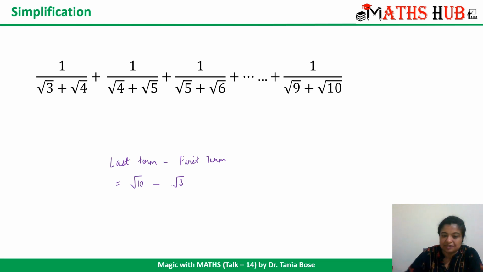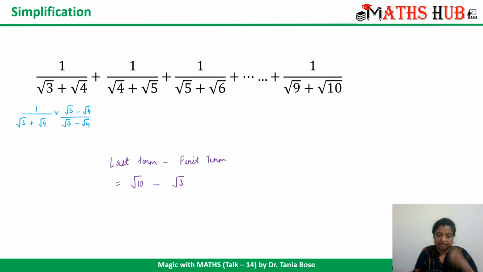Now, how is this principle actually working? If you multiply and divide by the conjugate pair, what will you get? Root 3 plus root 4 into root 3 minus root 4, divided by root 3 minus root 4.